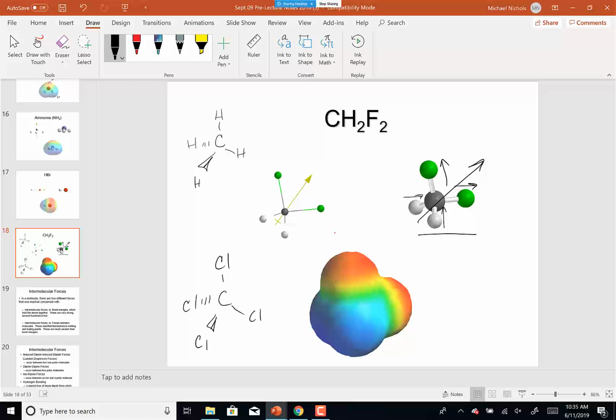Is that non-polar? Yes, because polar molecules have different delta plus and delta minuses around them. If it's all the same delta minus, it's not polar. So that's why carbon tetrachloride is nonpolar, because there's no difference in the delta minus charge around the surface.